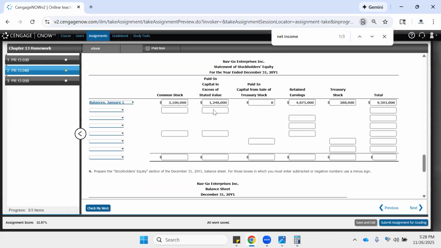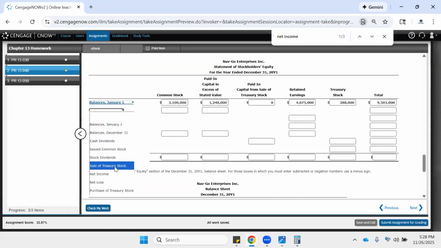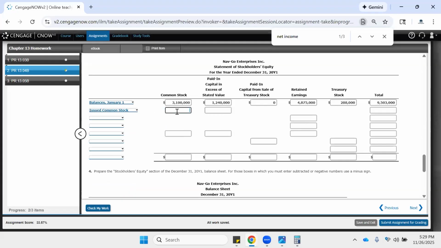Then our first transaction here has paid in capital and common stock. And that's going to be issuing common stock. If you remember from our journal entry, we issued $1 million in common stock with 600,000 in paid in capital.